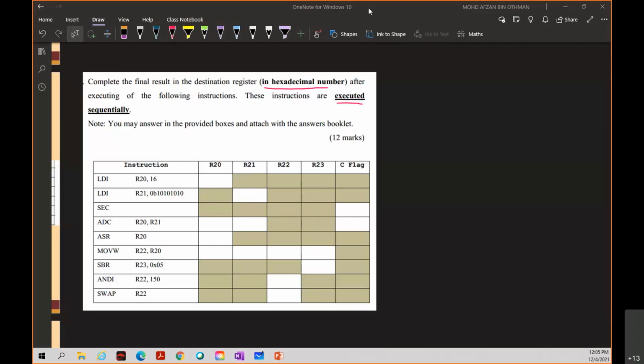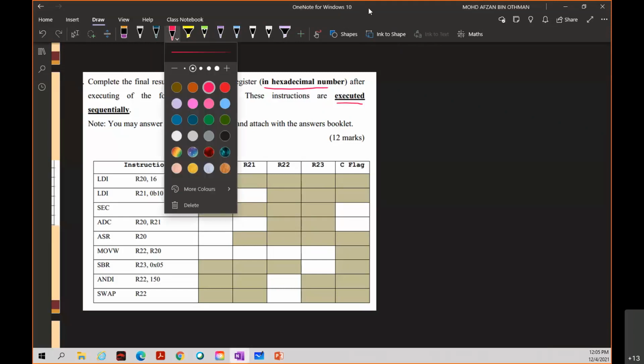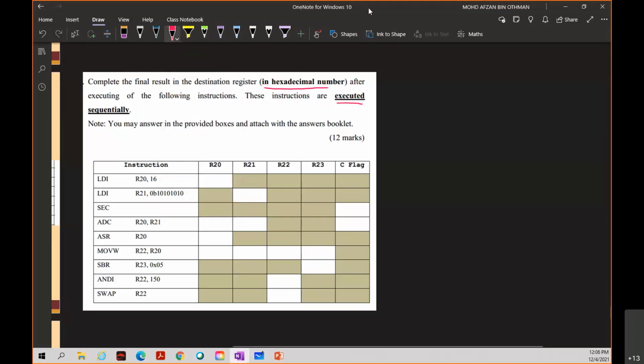Okay, so let's look at the first instruction, the first line here. LDI R20, 16. So what would be the R20 value? 10, Doctor. 10.